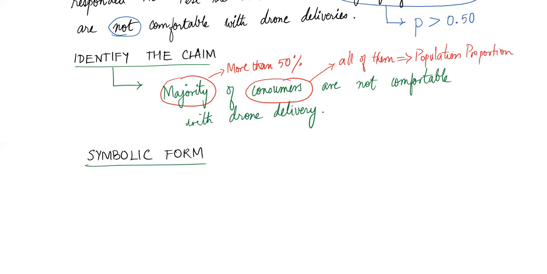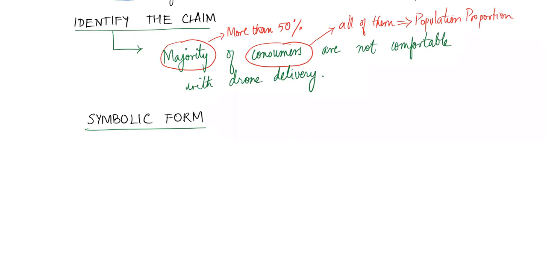Once you have these two details, then you assemble them as P, which represents population proportion, is greater than 50%, which is 0.50 or 0.5. And so this is your claim, right?